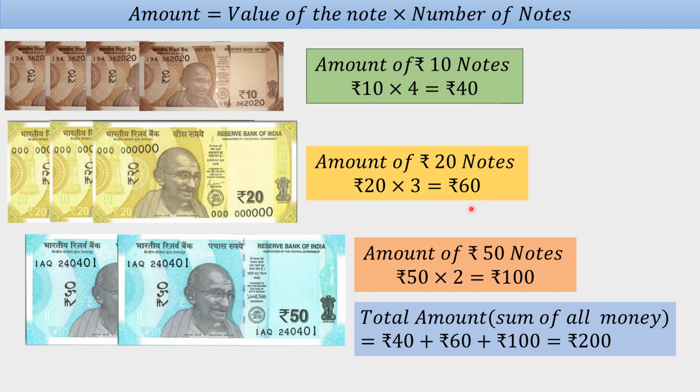Or to find out the amount of rupees 50 notes, simply multiply rupees 50 into the number of notes, which is 2. So, amount of rupees 50 notes is equal to 100. अगर total amount निकालना है तो हम सब amount को add कर देंगे तो हमें मिलेगा rupees 200.